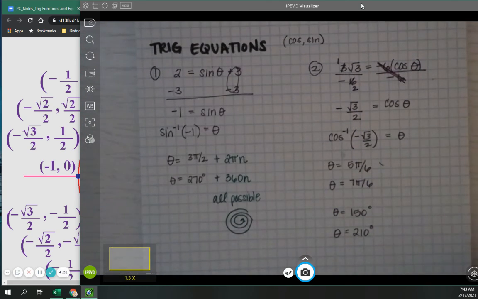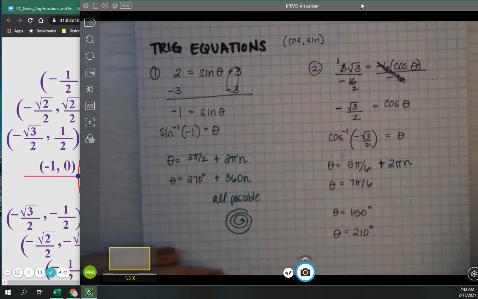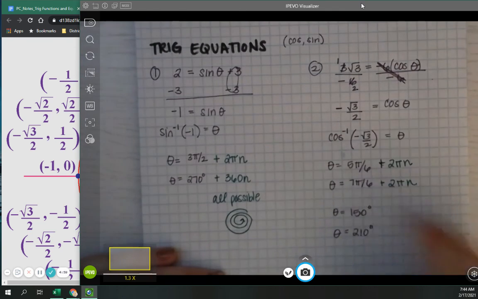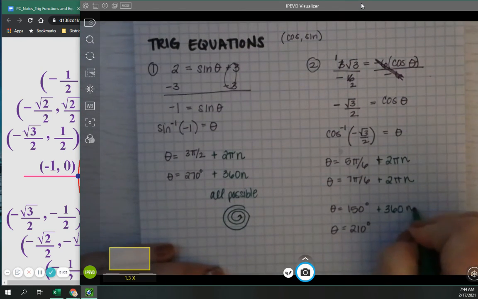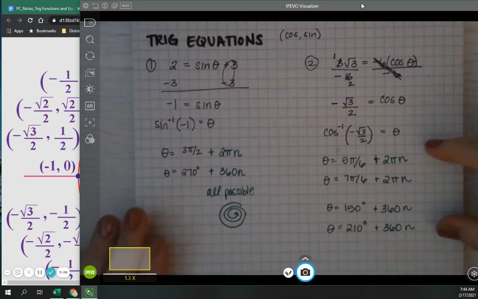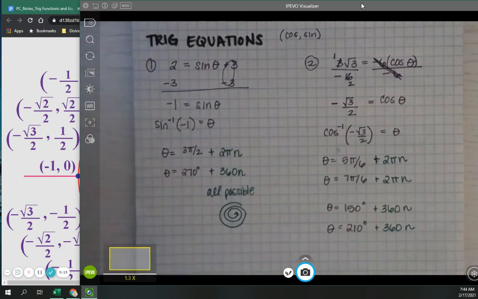If they were to ask for all possible, you would add 2 pi times the number of rotations for all possible in radians. And if we're dealing with degrees, here is my all possible: a full rotation times the number of rotations. Be prepared for all possible as well as radian or degree answers.